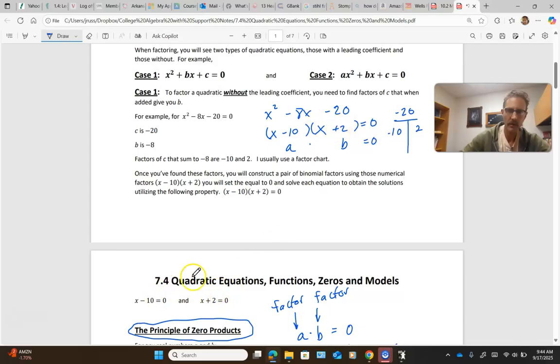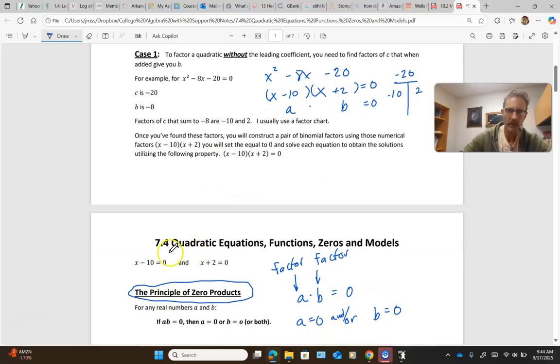And so what you do is you take your two factors, you set them equal to 0, and you solve them for x. From this one I would get x is equal to 10, because I'd have to add 10 to both sides, and then from this one I would get x is equal to negative 2. And so we actually end up with two solutions.